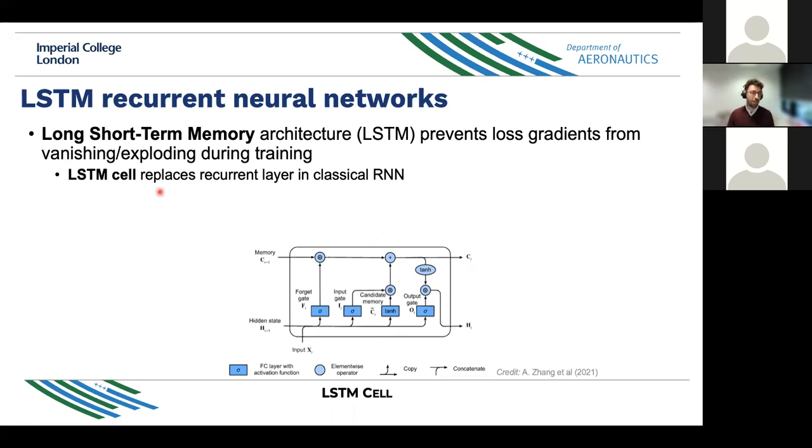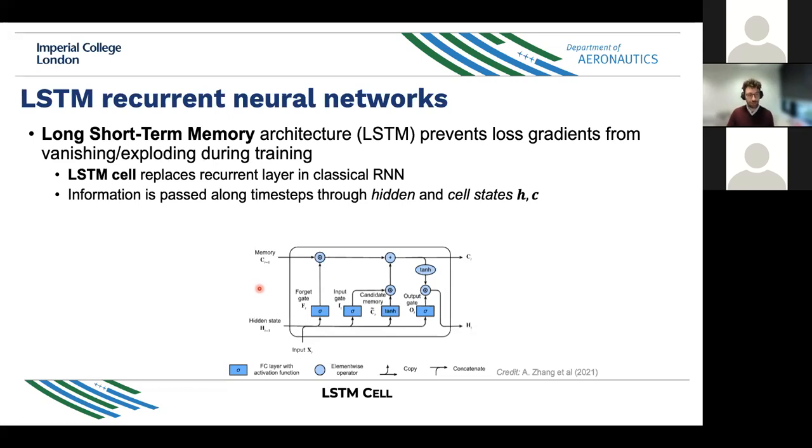Just a recap, in a long short-term memory network, an LSTM cell, which is a subgroup of feed-forward layers, essentially replaces the vanilla recurrent layer in the classical recurrent neural network.